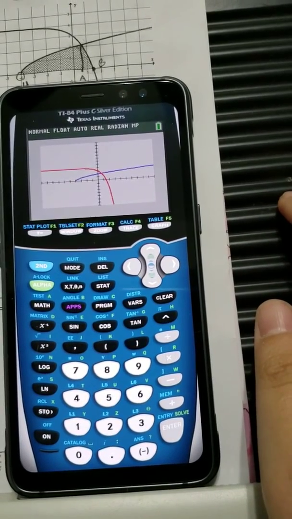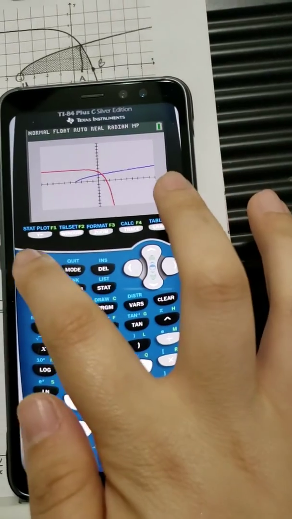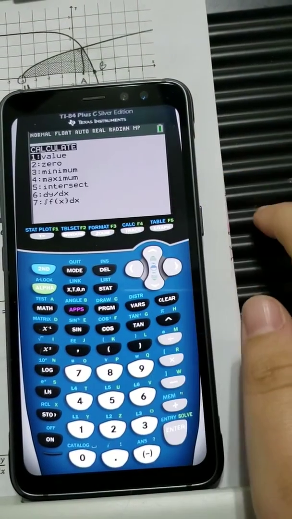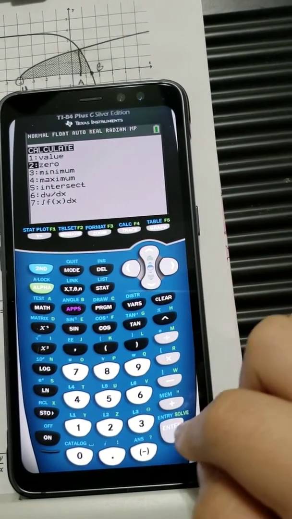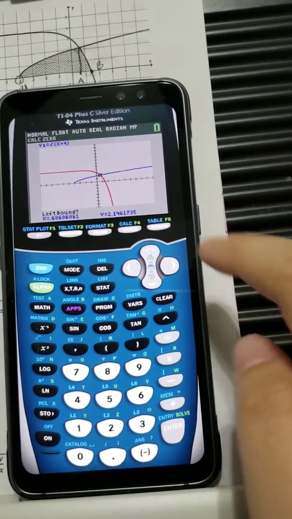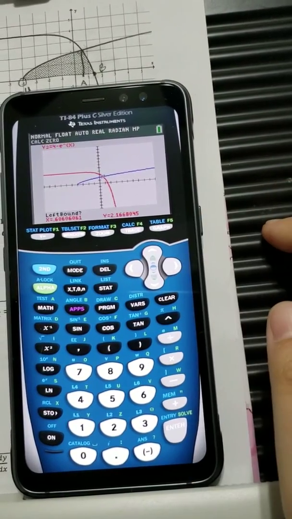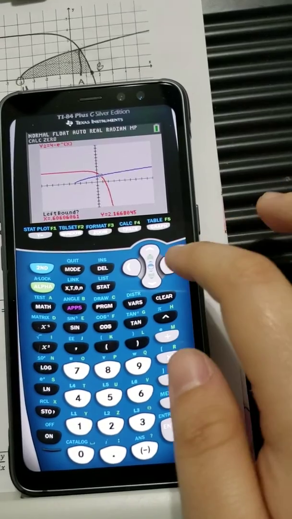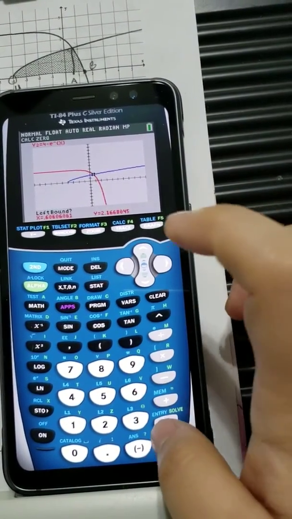And now I want to find where the red line intersects the x-axis. So I'm going to go to second, calculate. I want to find the 0 because that's where it crosses the x-axis. Right now it's on the blue function. I don't want that, right? So I'm going to press up to get to the second function, which is the red function. Now left bound, I just want to be on the left side of that intersect.